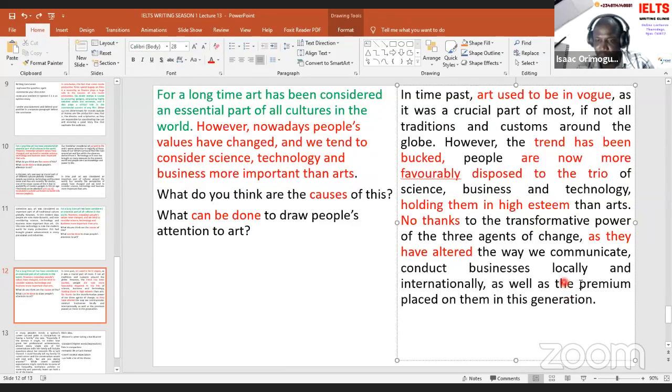The premium placed. So those are good expressions that the marker is looking for to award you great marks. Your punctuation, your tenses, yes, they will be looked into.